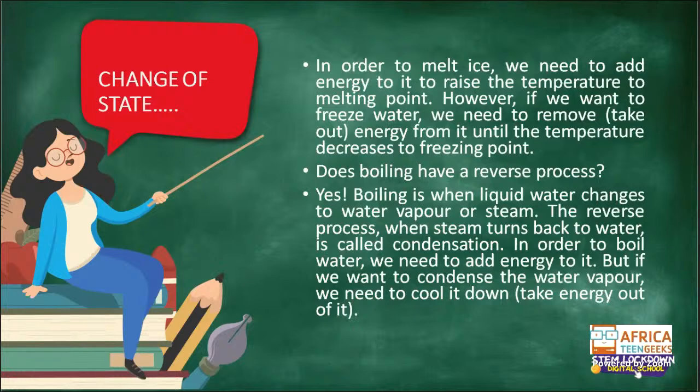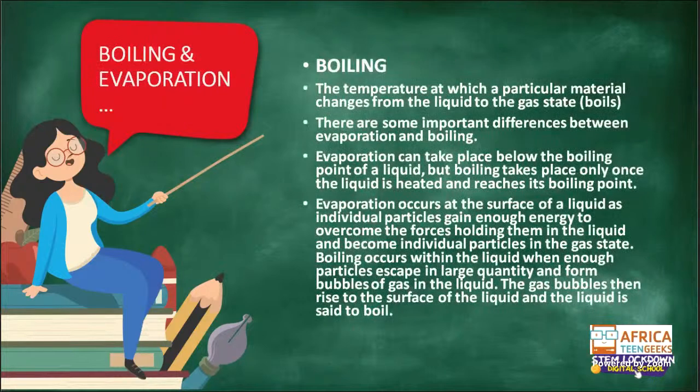All right. Now we continue with boiling and evaporation. The temperature at which a substance changes from the liquid to the gas state is known as what? The boiling point. But as you move on, there is a definition which will slightly change from this one.